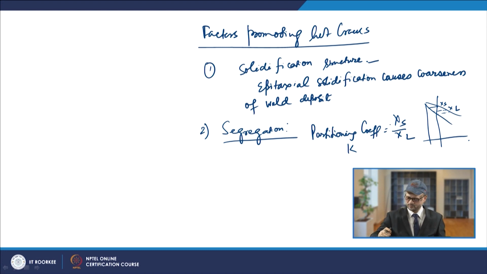Normally the rule is that if you have a slow solidifying weld with a coarse microstructure, they will promote center line segregation.